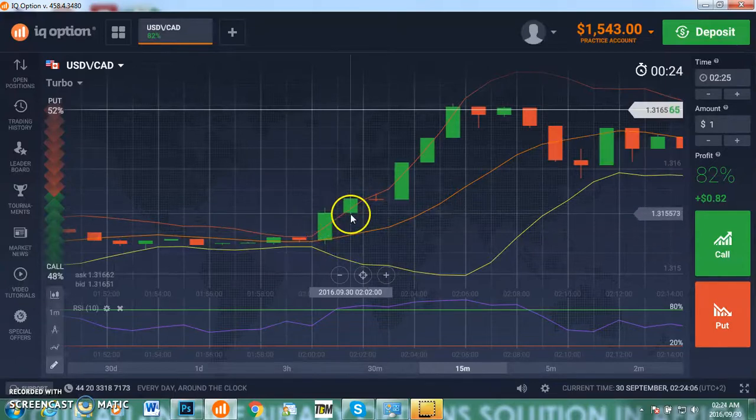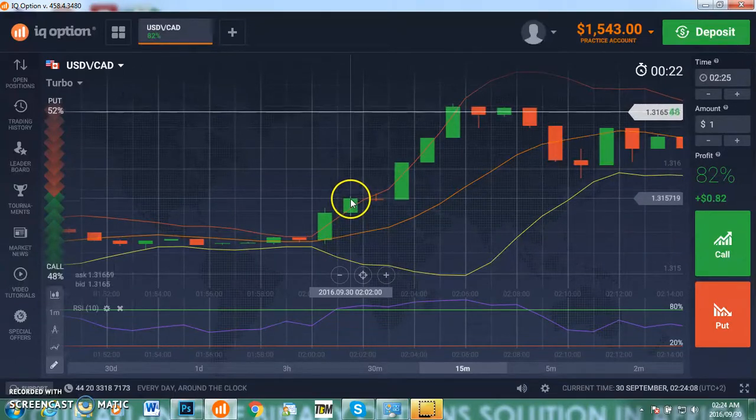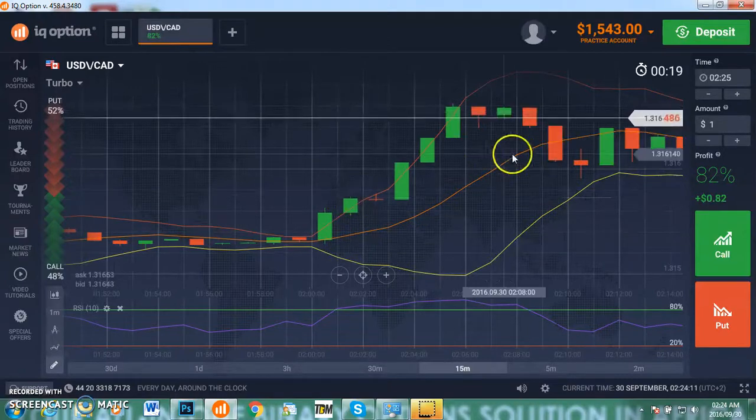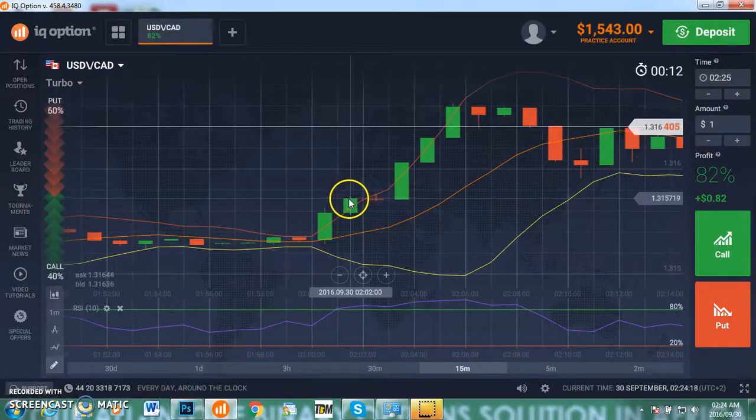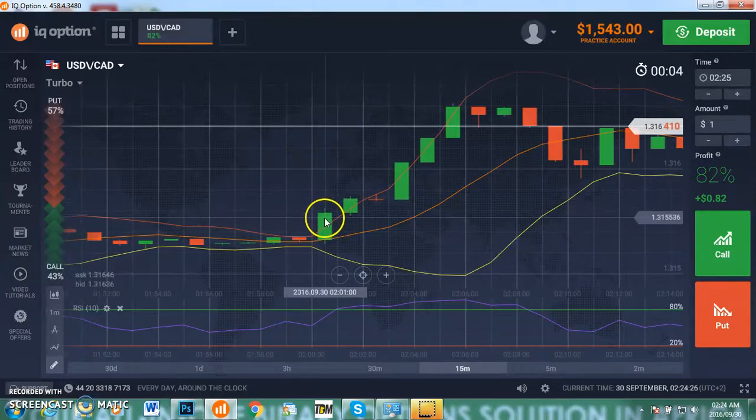As soon as it goes up, before this candle ends, you increase your investment amount, maybe double it, and place the trade. When you do that, you are increasing your chances of winning the next trade and making back the money that you lost on this one.